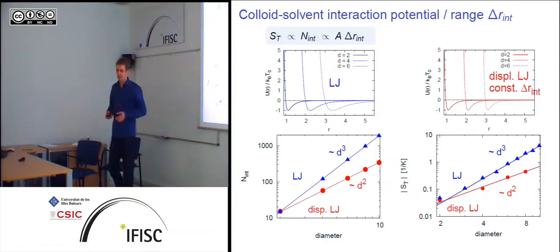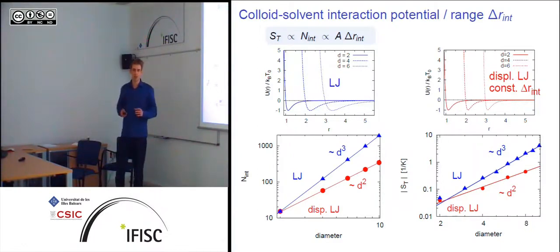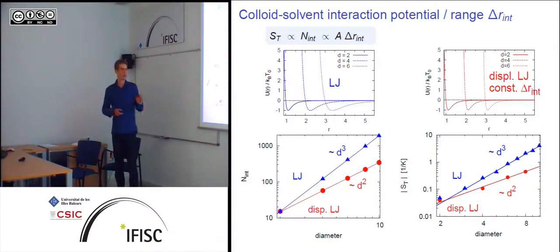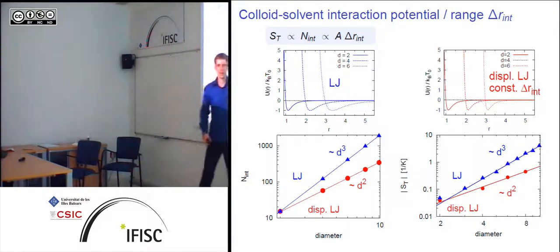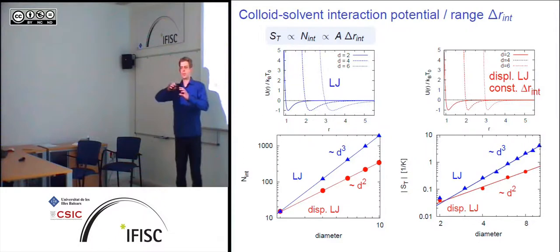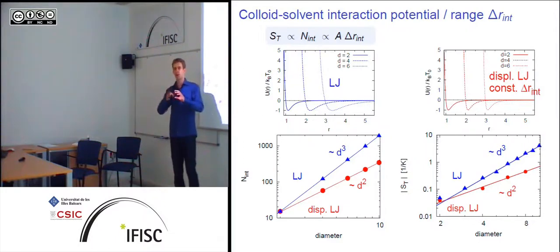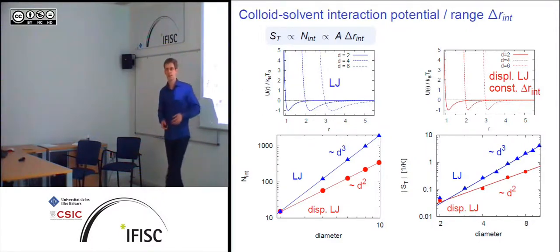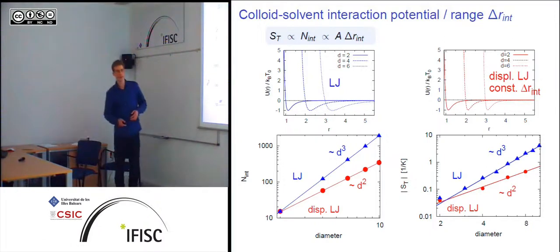It has been shown in another theoretical analysis that with slip boundary conditions you would have a quadratic scaling, but if you have stick boundary conditions, you would have a linear scaling.